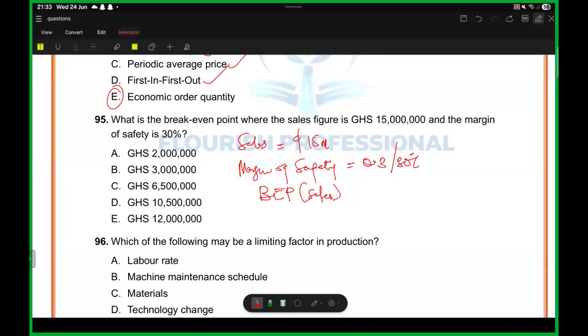So we have to find the relationship between the margin of safety and the break-even point. But I believe in your various tuition centers, you did the CVP analysis, right?